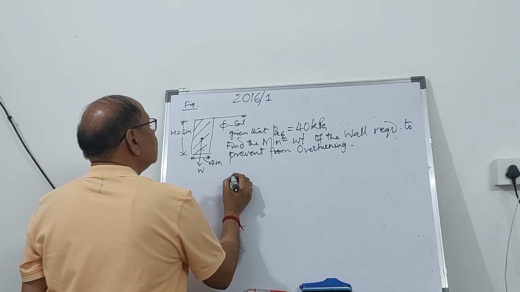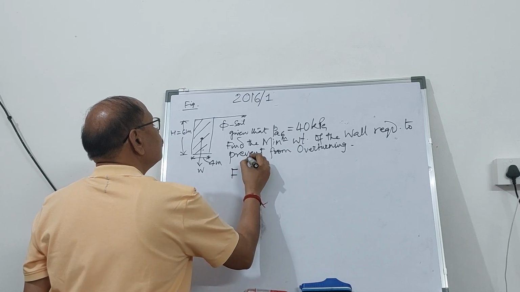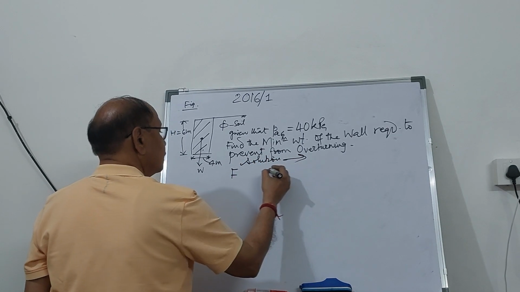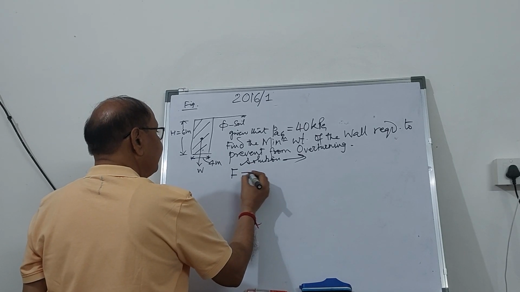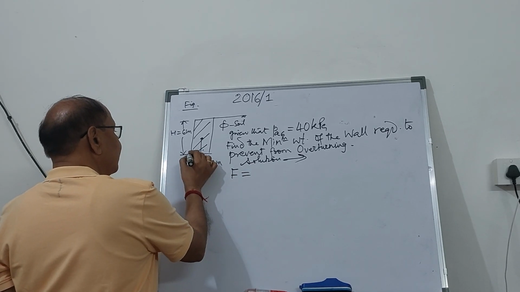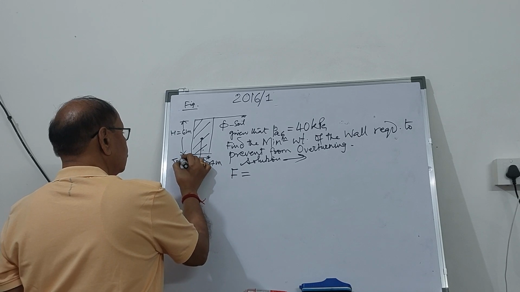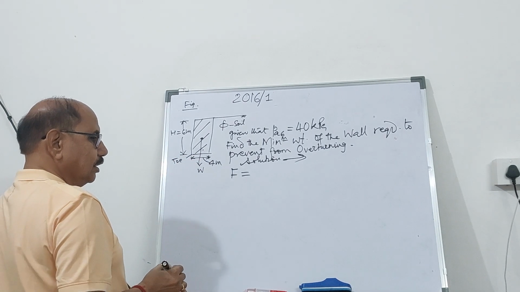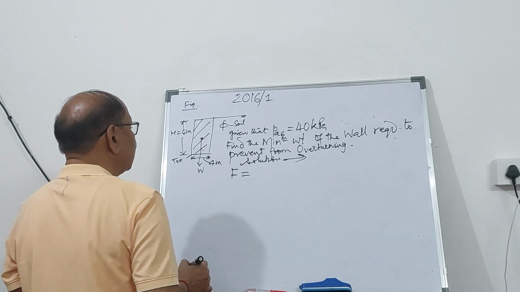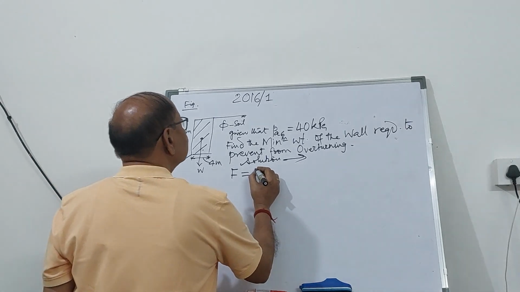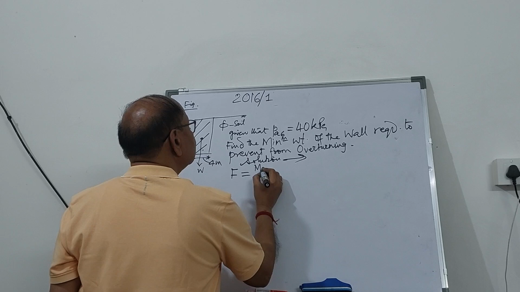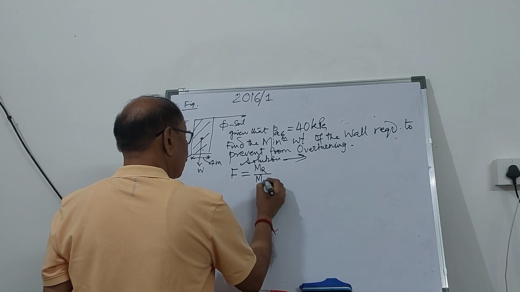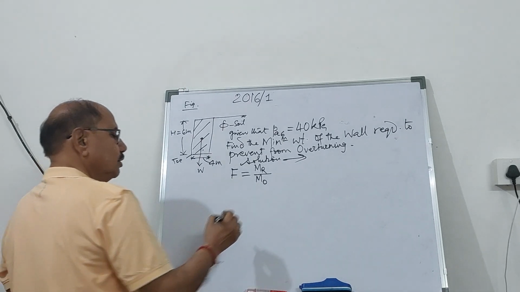The factor of safety solution we can see. The factor of safety against overturning is 2. So if you are going to take the overturning, then this will be resisting moment upon overturning moment.